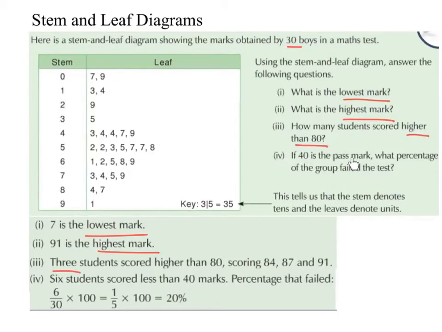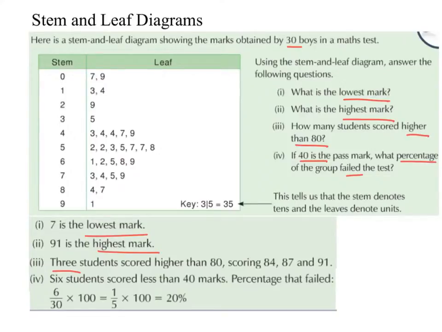If 40 is the pass mark, what percentage of the group failed the test? So we need to find out how many students scored less than 40. So these numbers here represent 43, 44, 44, 47, 49. So these students and anyone below this scored 40 or more.